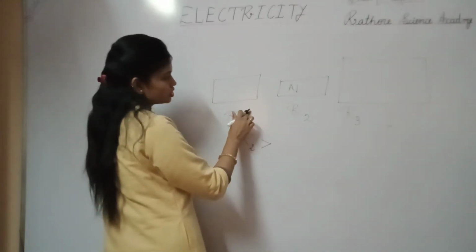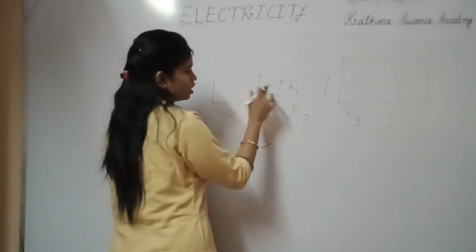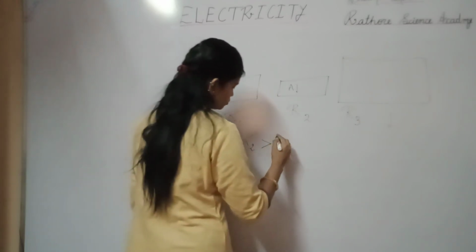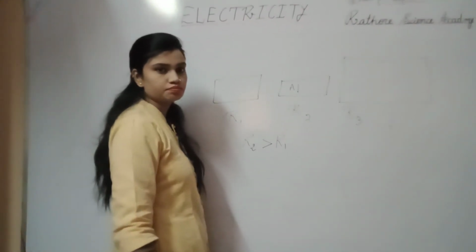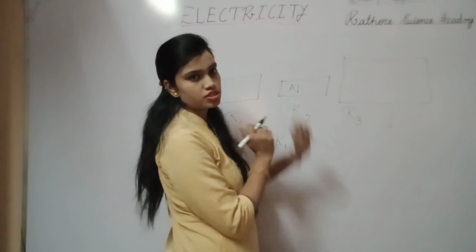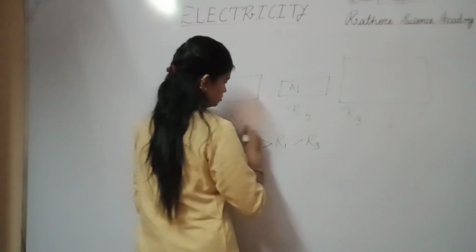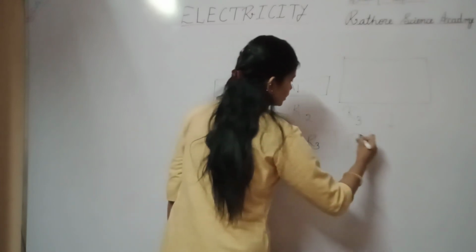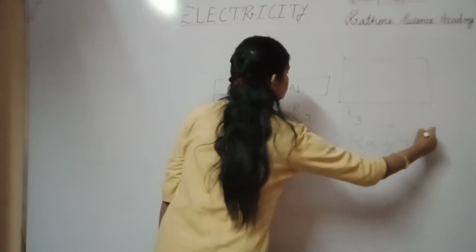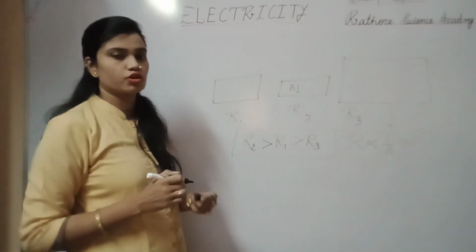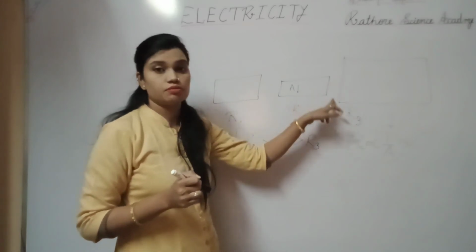Afterward, you can see the area of cross section of R1 is a little bit higher than that. So R1 and R3 have high area of cross section, so they will come last. We know that R is inversely proportional to A, so with the help of this you can solve it. Whose area of cross section is very high, its resistance will be very low.